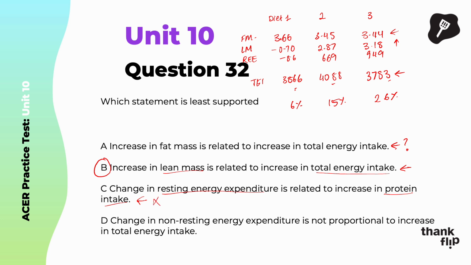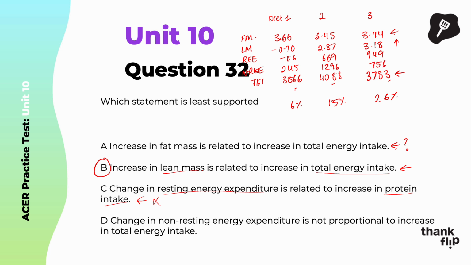Then looking at the final option, a change in non-resting energy expenditure is not proportional to an increase in total energy intake. The non-resting energy expenditure is 245, 1296, and 756 here.